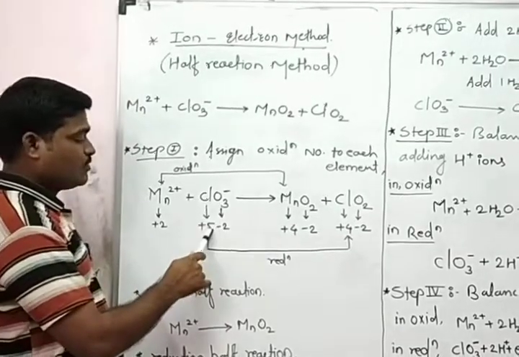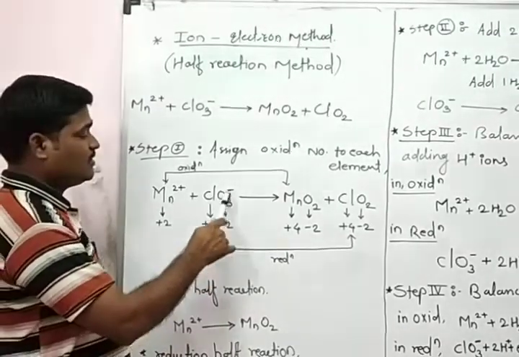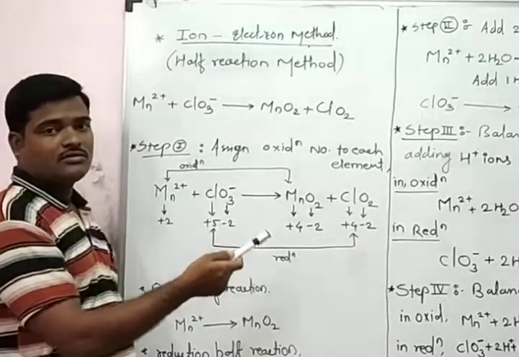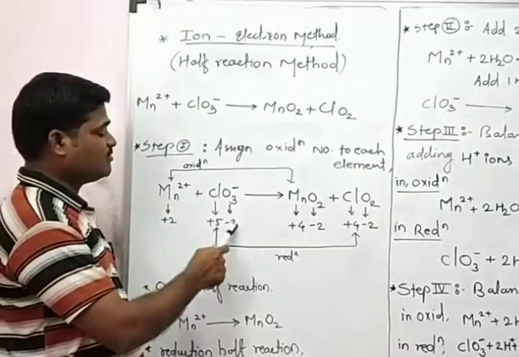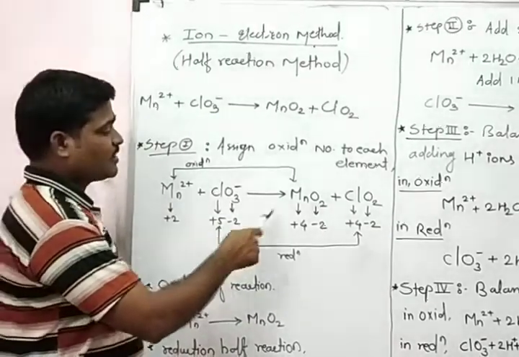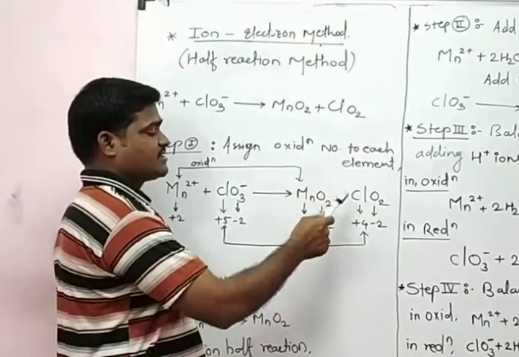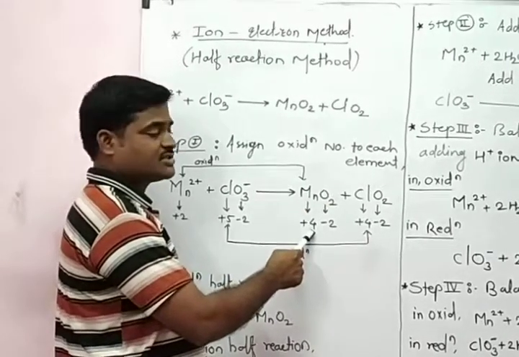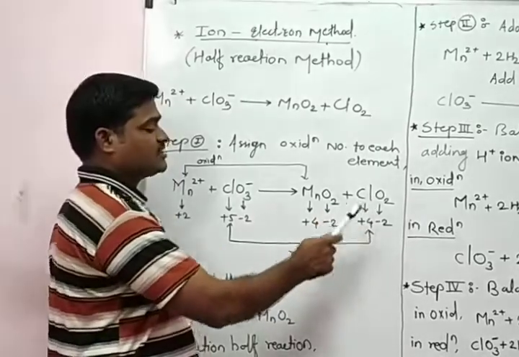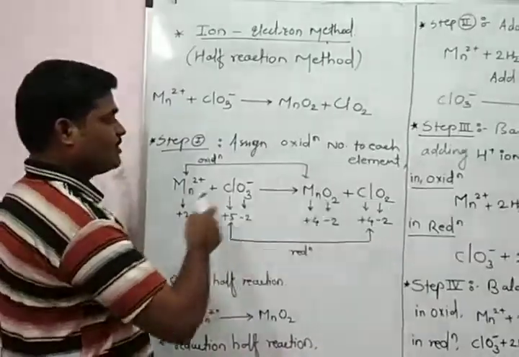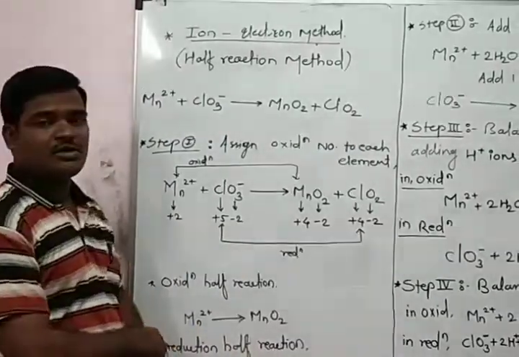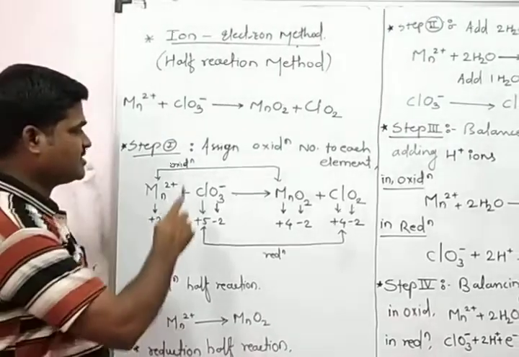Like that, for chlorine I have assigned +5. Oxygen is -2. Like that, manganese is +4 in oxidation state here, and chlorine is +4. So we have to determine the oxidation state of each and every element in step first.